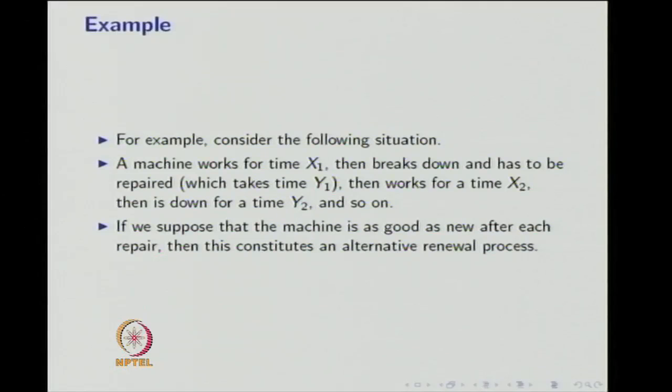So Xi's are nothing but the time the machine works, and Yi's are nothing but the repair time. If you suppose that the machine is good as new after each repair, then this constitutes an alternating renewal process. So this is an example of an alternating renewal process with the proper assumptions.